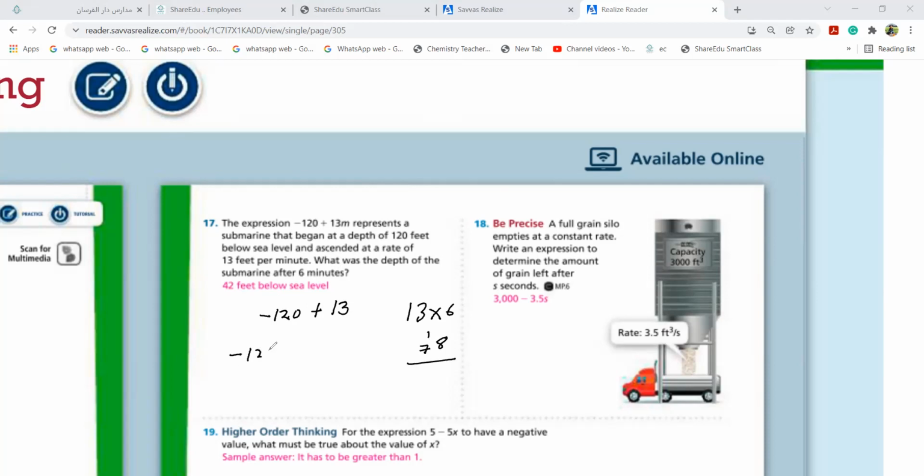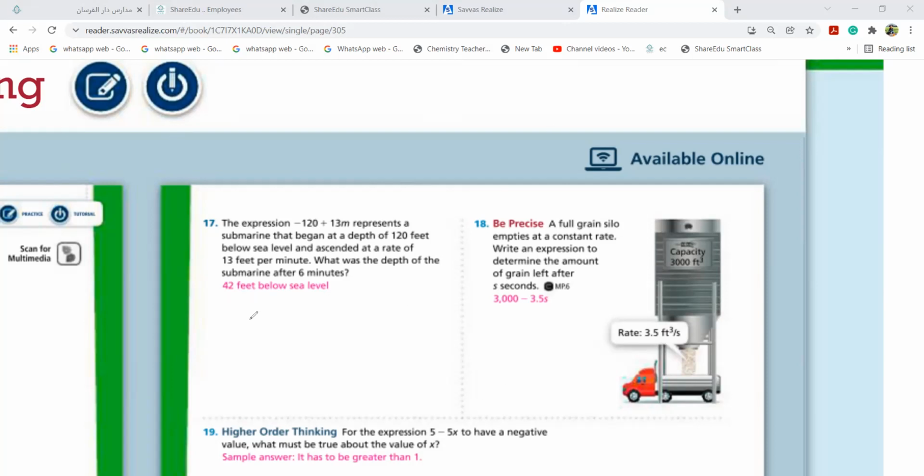So minus 120 plus 78 means how many? Minus 42, right? So that means 42 feet below sea level, because it is minus, you will write 42 feet below sea level.